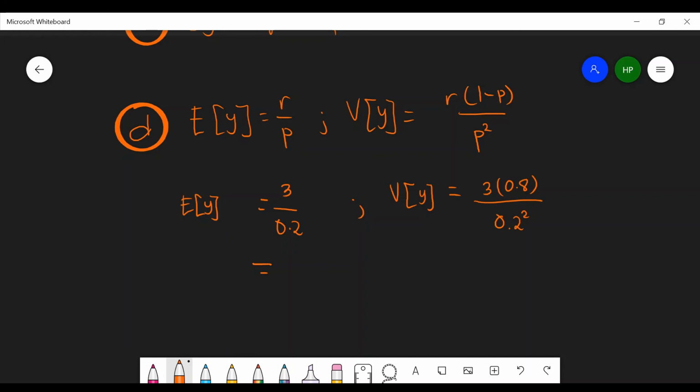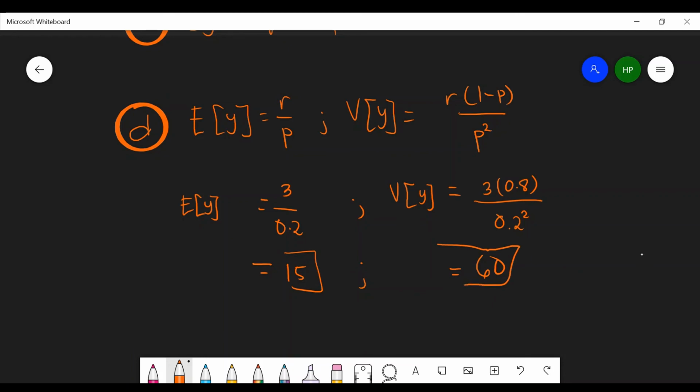So, 3 divided by 0.2 is what? 15. And then, here, variance of y equals what? 3 times 0.8 divided by 0.2 squared. 60. Wow, ang taas ng variance. Okay?